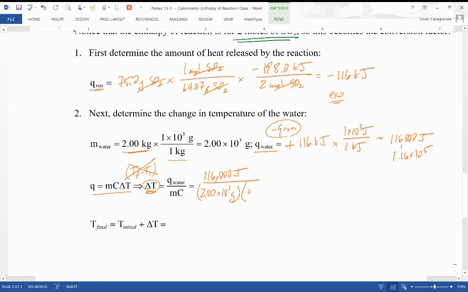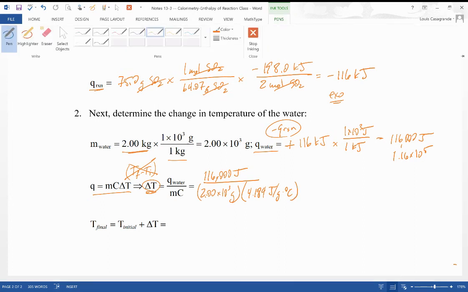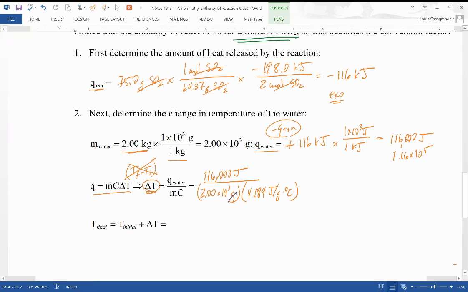And the specific heat was 4.184 joules per gram times degrees C. And we know that the grams cancel with the grams, the joules cancel with the joules, and we have degrees C in the denominator of the denominator. So that comes up to the top and gives us 13.9 degrees C is our delta T. Now notice that's positive, so the temperature goes up. Make sure you pay attention to whether the temperature is going up or going down.